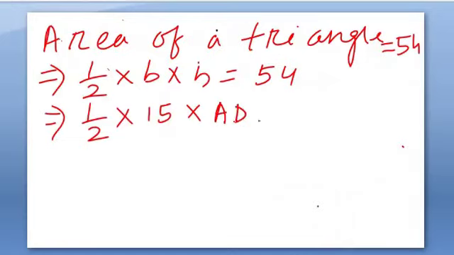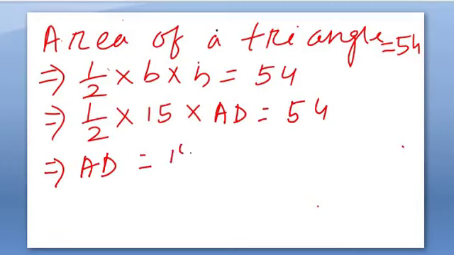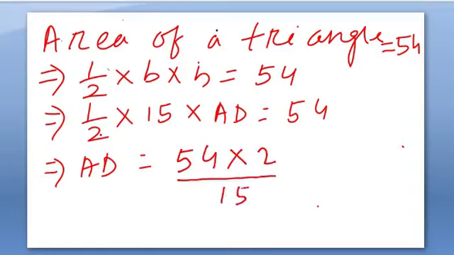So AD equals 54 into 2 divided by 15, because the 2 coming this side means it will be 2, and 15 will be dividing.